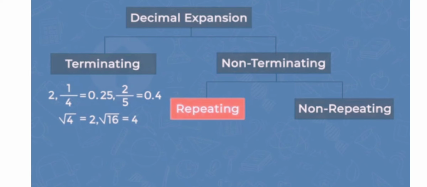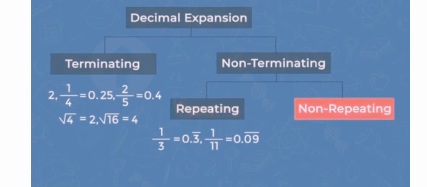Repeating numbers include fractions like 1 by 3, which is equal to 0.3 bar, 1 by 11, which is equal to 0.09 bar, and so on. And non-repeating numbers include all the square roots of numbers which are not perfect squares, such as the square root of 2 or the square root of 3.